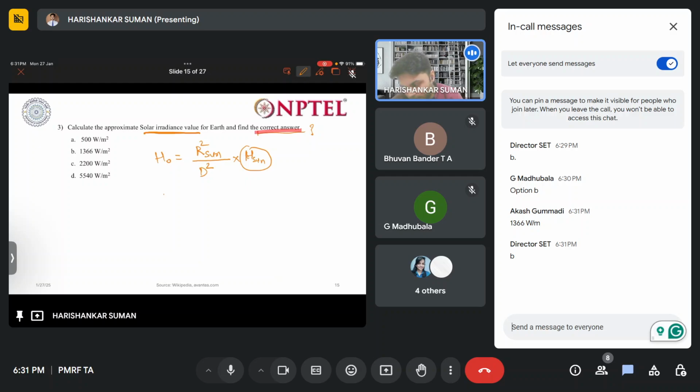So let me write R sun, 6.96 times 10 to the power 5 kilometer, and the distance between Earth and Sun is 1.5 times 10 to the power 8 kilometer. Okay, and what is H?